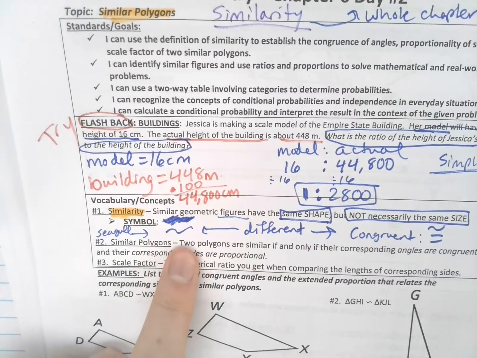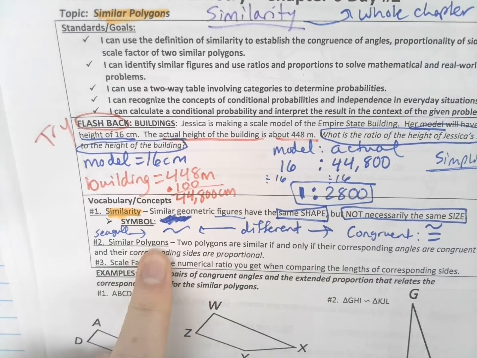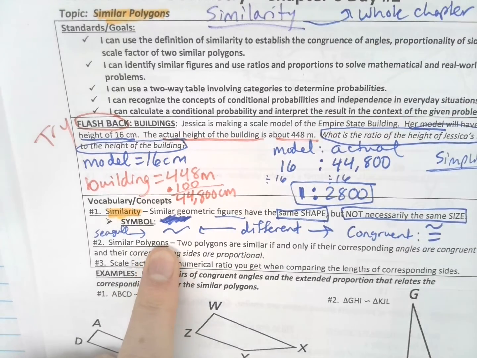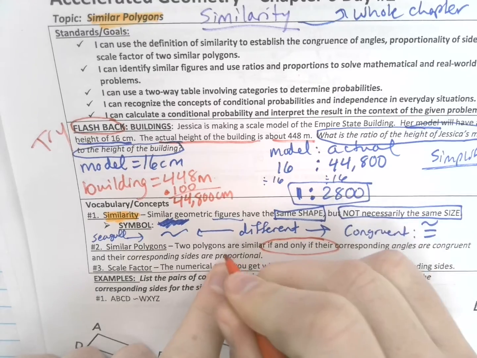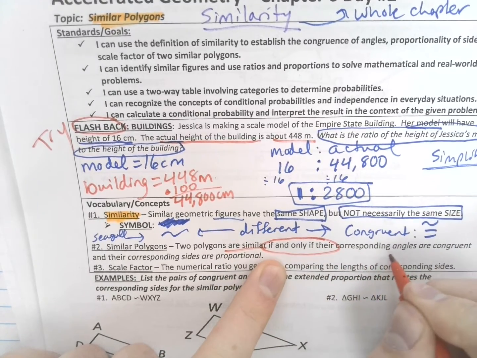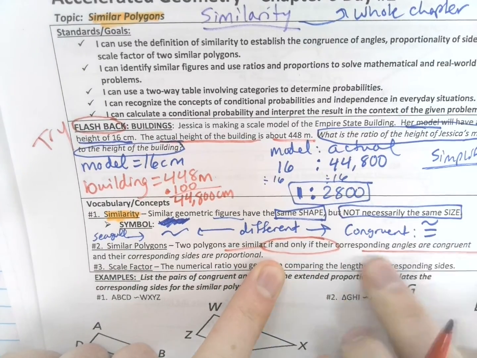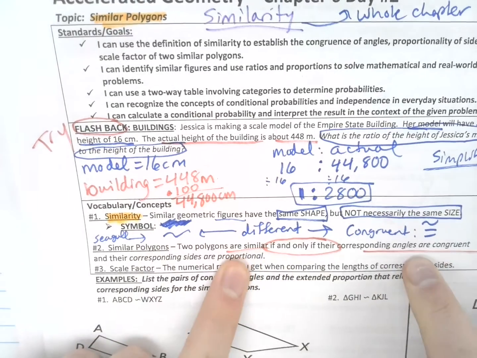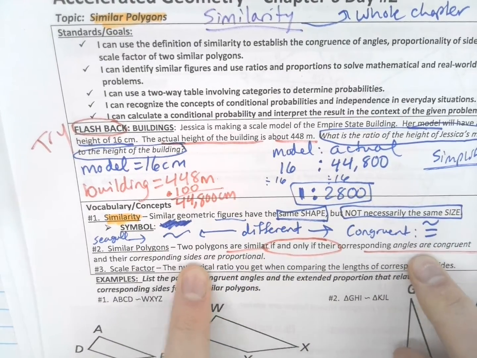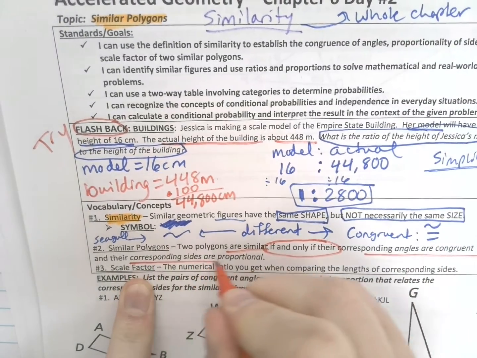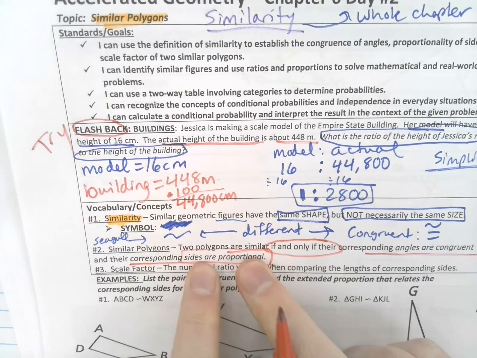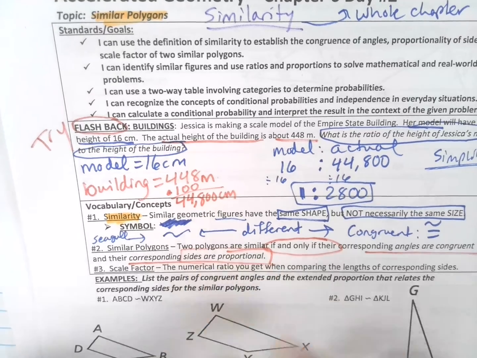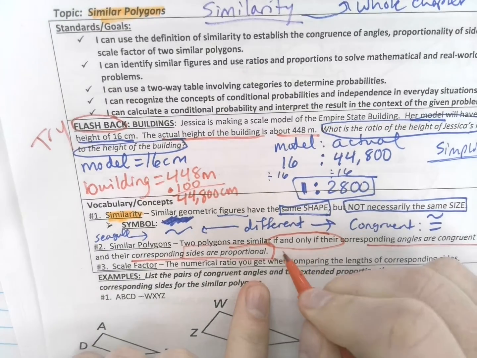Now let's talk about how we know if we have similar polygons, similar figures. The big thing: they're similar if and only if their angles are congruent. So the angles are going to be congruent, but their sides are proportional. Their sides are not the same, but they're proportional; the ratios are equal.